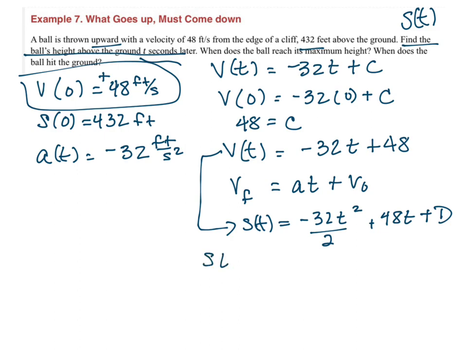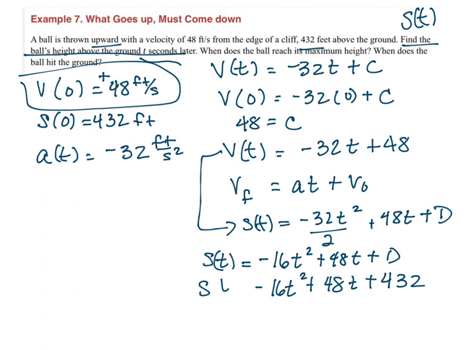So S of t is going to be negative 16t squared plus 48t plus d. And how do we find d? Substitute t, plug in that 0. Can we skip ahead to that? Can we know that d is 48? So d is 48. No lies. D is 432. I was like, that is a big old coincidence.